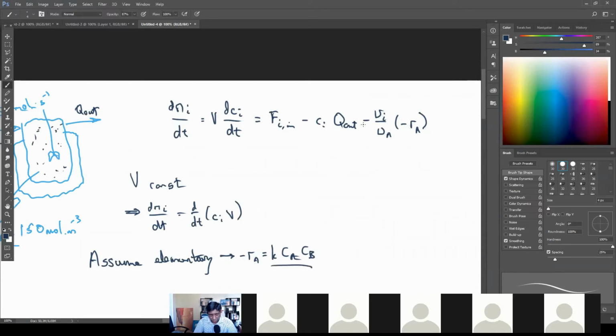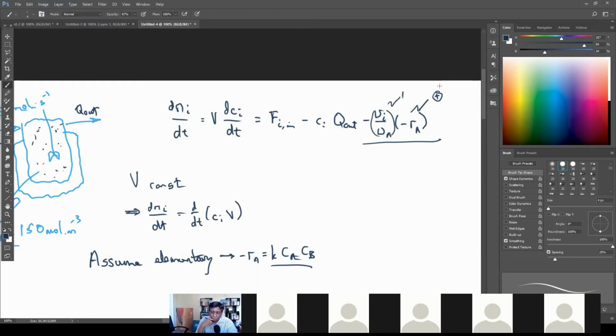So this would be minus this positive number, which is what we want. Right, so once more, let's talk through that. So here, if it's component A, then this would be a 1. And we know that this is going to be a positive number. However, on balance, this whole thing needs to be negative, because if I is A, we know that the reaction is reducing the amount of component A. So the minus sign here is correct, right?